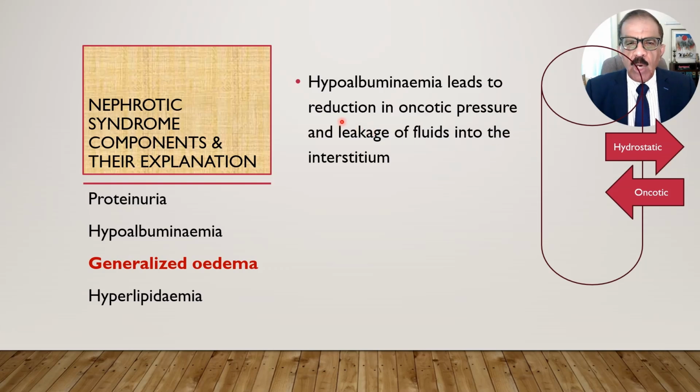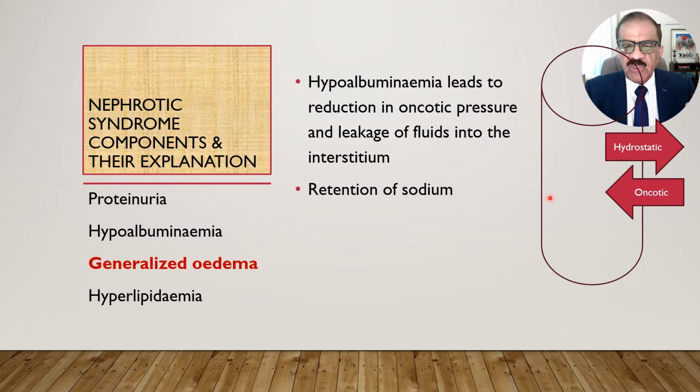So hypoalbuminemia leads to reduction in oncotic pressure and leakage of fluid into the interstitium, and there is also simultaneous retention of sodium. Now, why does that happen? Because once less fluid stays within the capillaries, the body system, particularly the renin, angiotensin, and aldosterone system, sees it as a hypovolemic state, because the effective arterial blood volume is reduced.